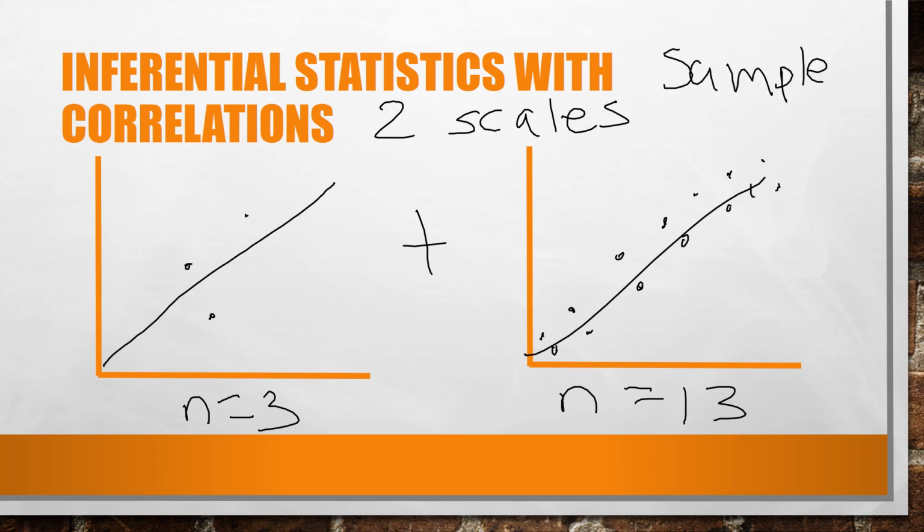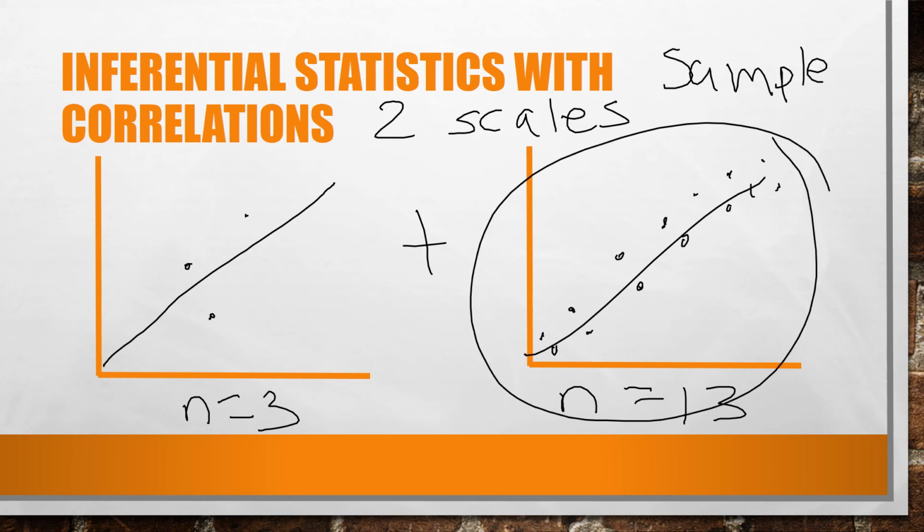So which one would you be more sure that in the actual population we have a correlation? Well, I hope you would say this one, because our sample size is higher. Maybe these 3 dots were just random, and they just happened to look like a pattern. If you moved 1 dot somewhere else, it wouldn't have looked so much like a pattern.